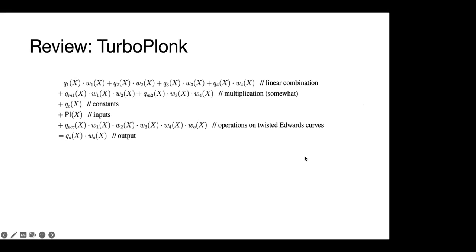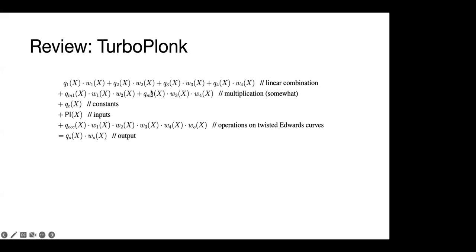But if we are looking at TurboPlonk here, there are so many different types of TurboPlonk. Here I am just using a version that we have been using in our company, where we basically have 4 selector polynomials, Q1, Q2, Q3, Q4, that is kind of the original left and right polynomial. Now we have 4 input wires.